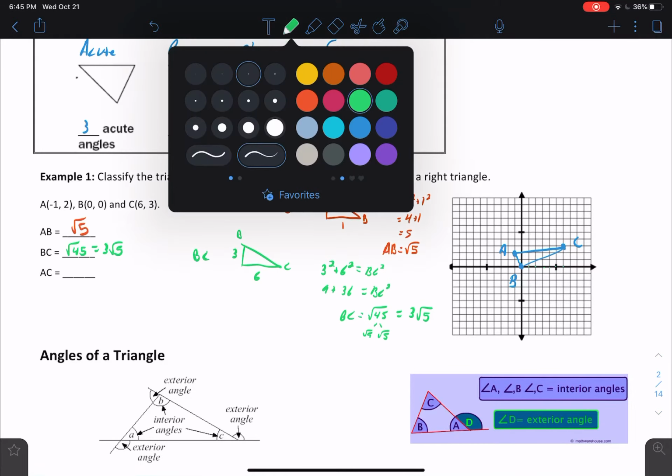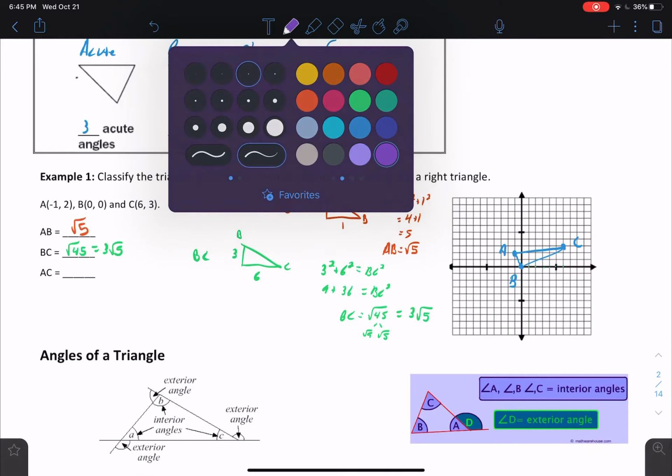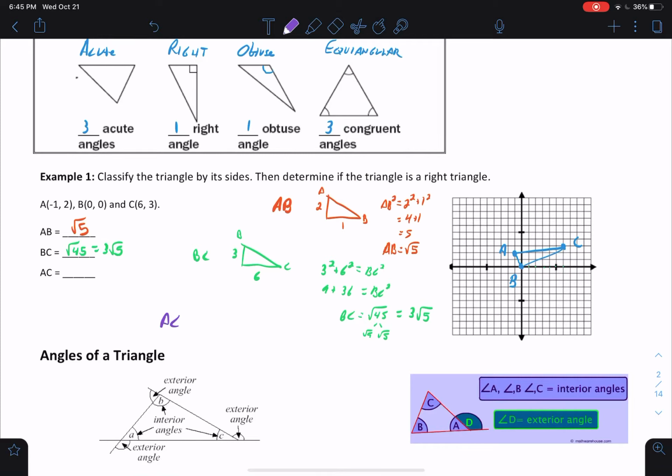And then last but not least, AC. If I set up my right triangle, the vertical change is 1 and the horizontal change is 7. With the Pythagorean theorem, 1 squared plus 7 squared is equal to AC squared.